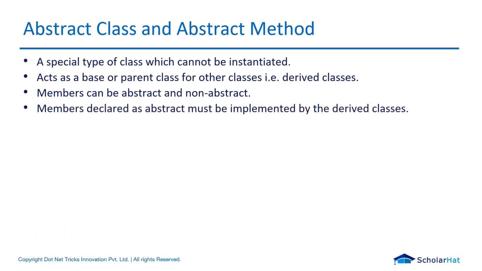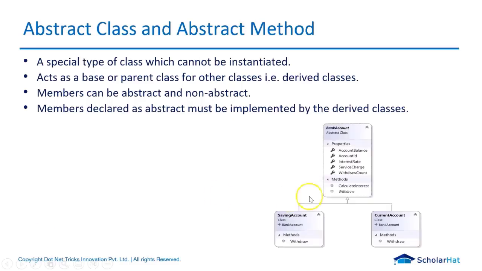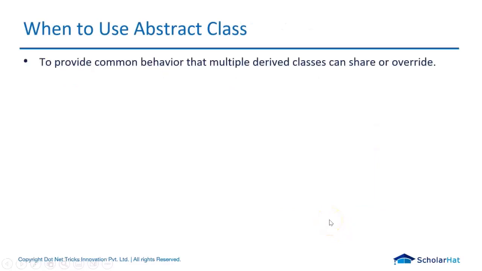Members declared as abstract, as I told you, must be implemented or overridden in the child classes or derived classes to redefine their functionalities. This is one of the examples being elaborated here, where we use abstraction to provide the common behavior that multiple derived classes can share or override.